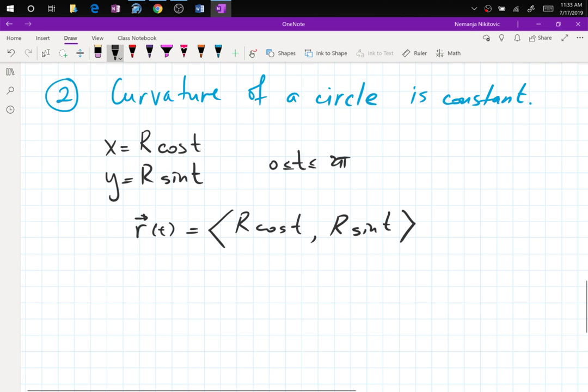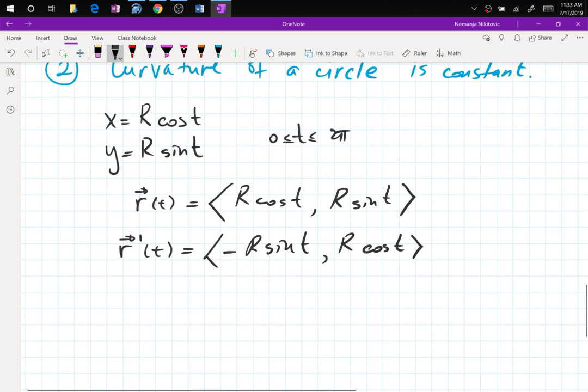Let's see how long it lasts. So r prime of t is negative r sine t, positive r cosine t when you take derivatives of each one individually. And then your T hat is going to be, I'll write the formula, r prime of t divided by the magnitude of r prime of t.